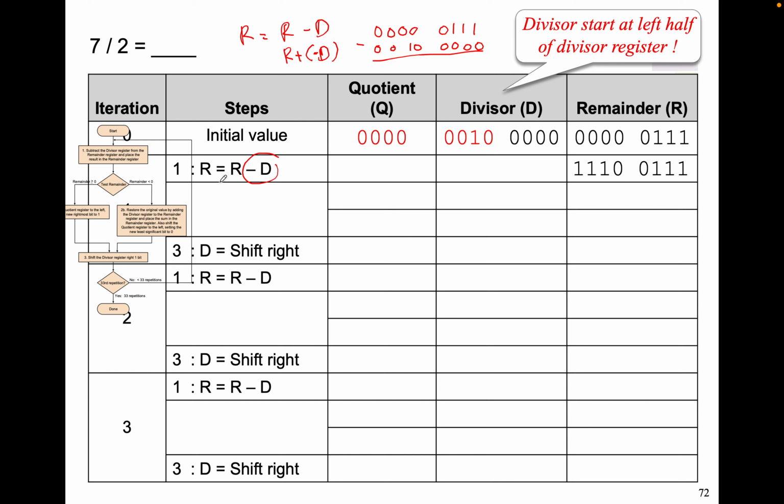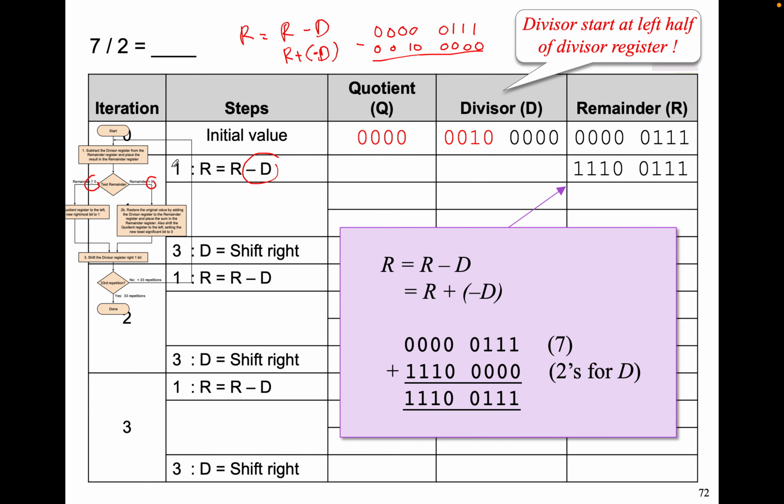And after that, for the second step, you need to check whether your remainder is 0 or not. Of course, it is not 0. Where are you going to go? Not 0, more than... no, this one is negative.